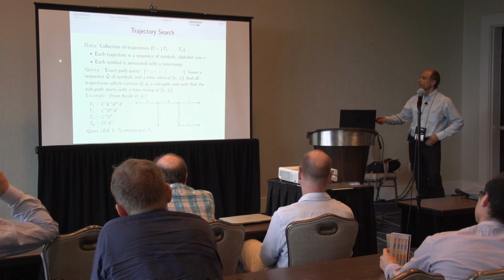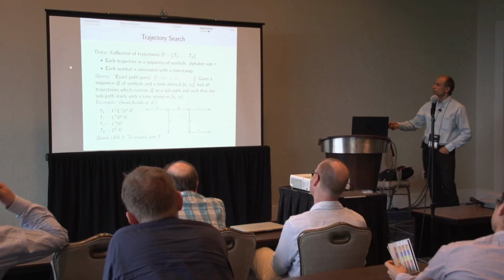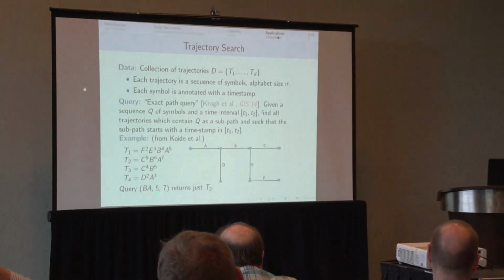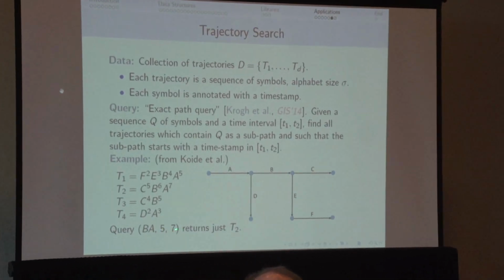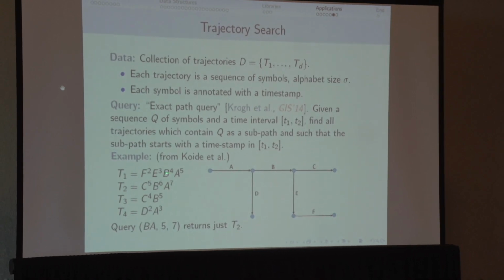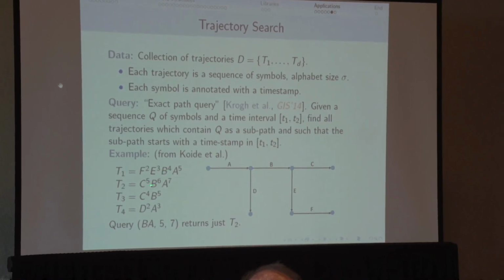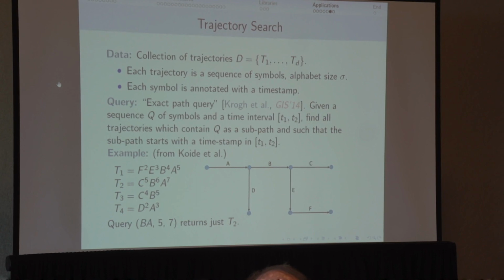If you look for BA, BA appears over here, and it appears over here. But if my time constraint is 5, 7, then this B is a 4, so that falls outside. So we just return T2 as the only trajectory that matches.